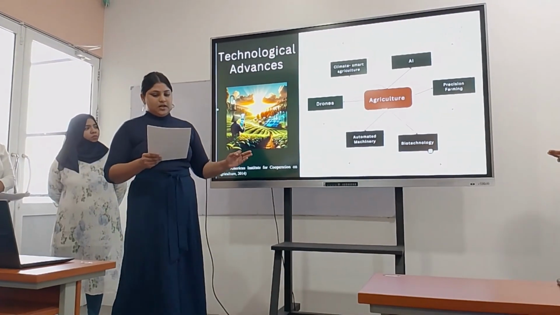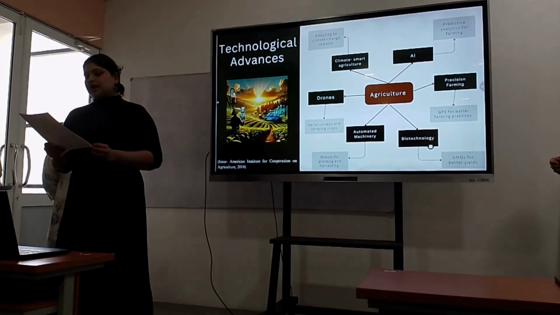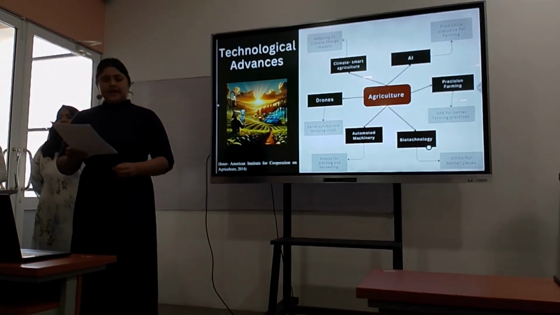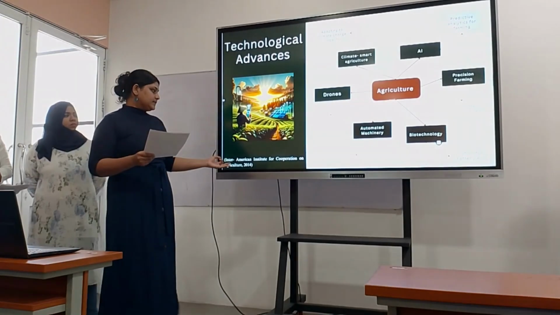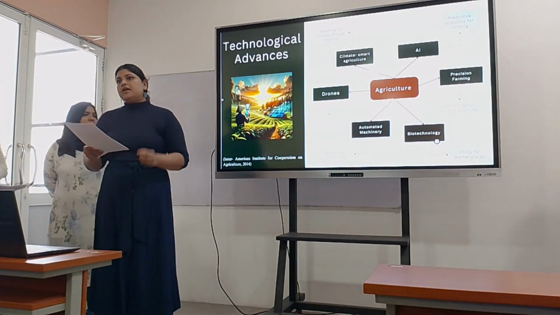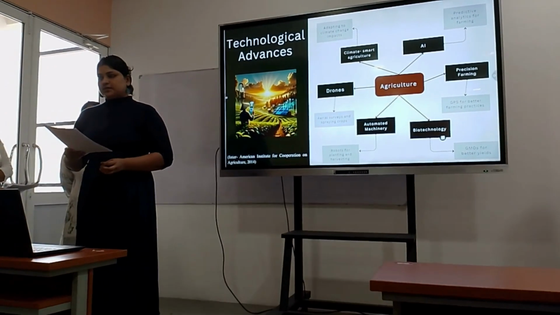Lastly, biotechnology and analytics enhance yields and forecasting, making agriculture more efficient and sustainable. These technological advances, as highlighted by the Inter-American Institute for Cooperation on Agriculture 2014, drive efficiency and productivity in the agricultural industry.